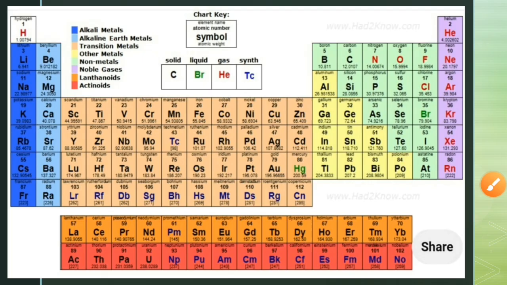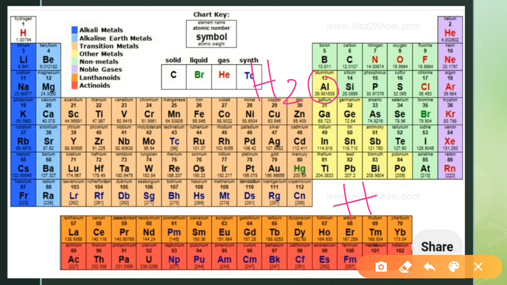The next one is water, H2O. Try to solve it yourself. There are 2 elements, hydrogen and oxygen. Hydrogen is written twice as there are 2 atoms of hydrogen, so multiply hydrogen with 2. And as there is only 1 oxygen, multiply oxygen with 1. Now locate hydrogen.